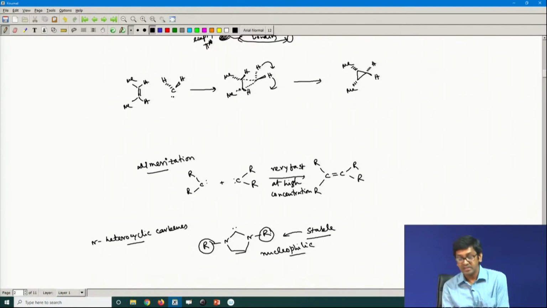Now, somebody asked why this type of carbenes are stable. So, not only these particular reasons, there are actually a few characteristics for this type of heterocyclic carbenes, which make them stable, or which make them persistent carbenes. Okay. First is that we know all these carbenes are electron deficient, okay, but this electron deficiency is reduced by the donation of the nitrogen lone pair. You see nitrogens have a lone pair over here, and this electron deficiency can be reduced by this donation of nitrogen lone pair.